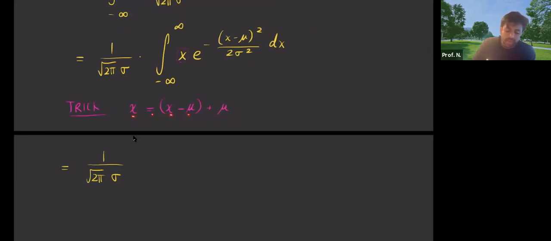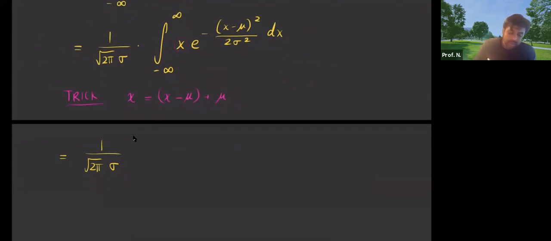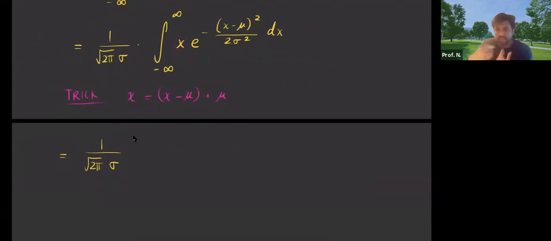X equals x minus mu plus mu because the negative mu plus the positive mu just cancels out. So technically, I didn't really do anything. I just rewrote x by adding a 0. X plus 0 is just x. But I'm doing this in a certain way because it works. It just works. So whoever came up with this is very, very clever.